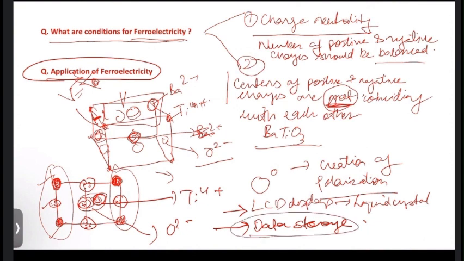In data storage, the dipole moments are oriented one upside and one downside, and these can be treated as 0 and 1 bits. In this form data is stored, and hence data can be stored very well.